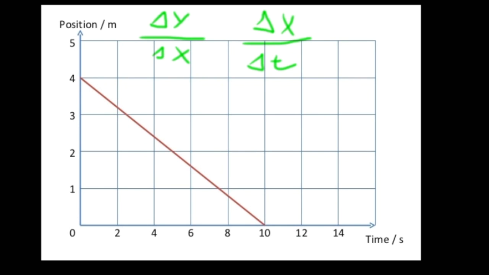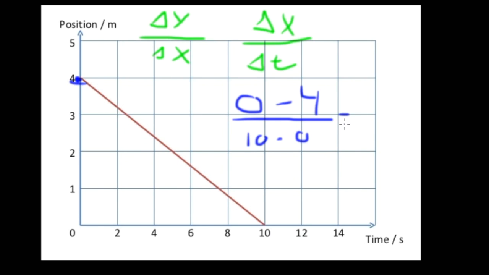So I'll put my work in different colors. The initial position is 4 right here, and the ending position is 0. So that would be 0 minus 4 over 10, which is the ending time, and the starting time is 0, so it would be 10 minus 0.